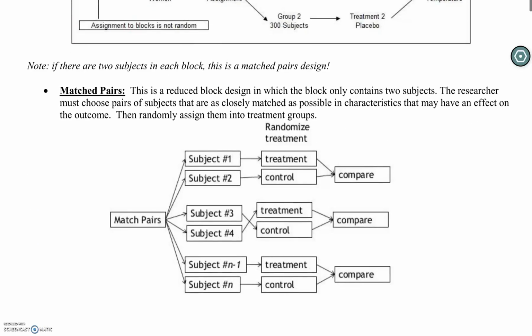The last here is a matched pair design. In a matched pair, it's basically a subset of our block design. The big difference is each group only has 2 people. So if I choose one person out of our class and assign them to go to the CT session, anything that I think might influence how that CT session works, anything I want to control for, I am going to go ahead and say, okay, look, this was a Hispanic male, he's 18, and he came in with a GPA of, I have no idea, 2.2.